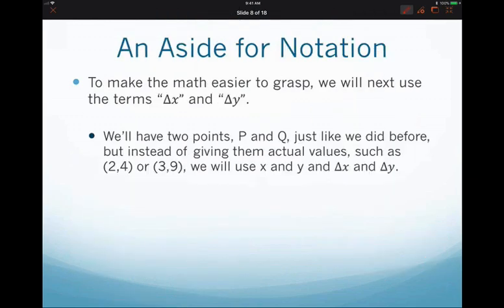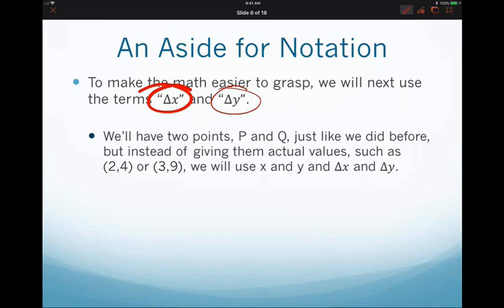So, to make the math work and to be understandable, we're going to have to introduce a little bit of additional notation. Many of you have already seen this, but we're going to start to use these terms delta x and delta y. That is, a little bit of change in x and a little bit of change in y.